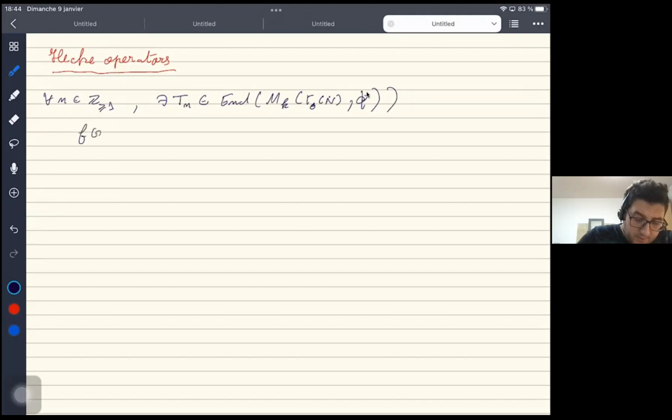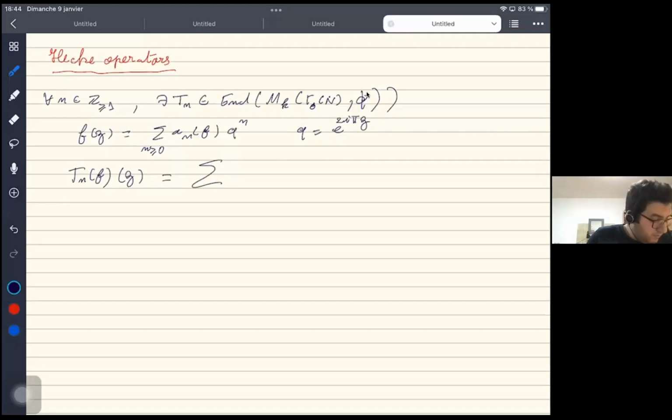If I take f(z) as the sum of a_n q^n, I told you q here is exponential of 2πiz. T_n of f will be again a modular form. And if you look at the q-expansion of it, you can recover it from the first one as follows. Sorry, T_m. Here I put m.